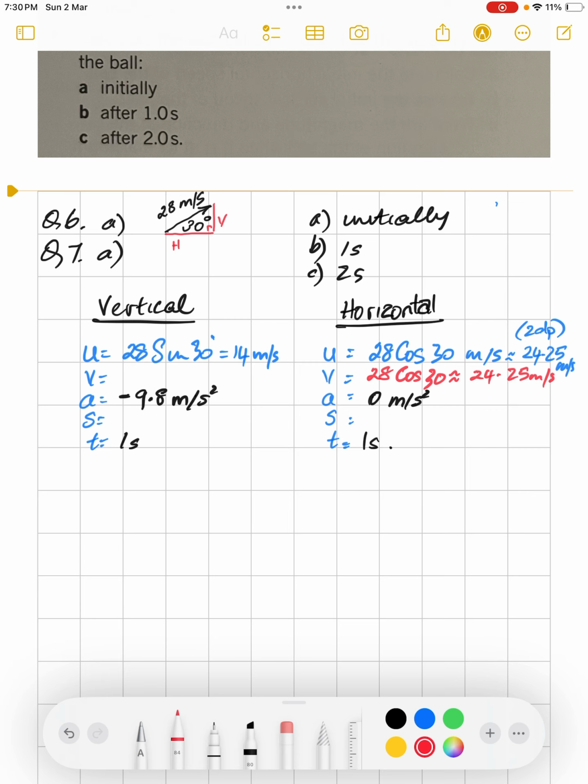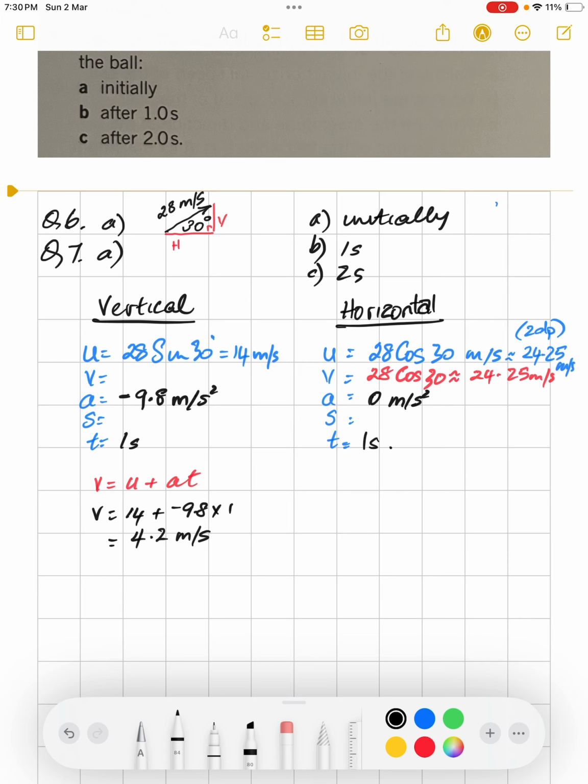And we've got the formula V equals U plus AT. So we can substitute: U is 14, A is negative 9.8, 1 second. So it's down to 4.2 meters per second, and that's after 1 second vertically.